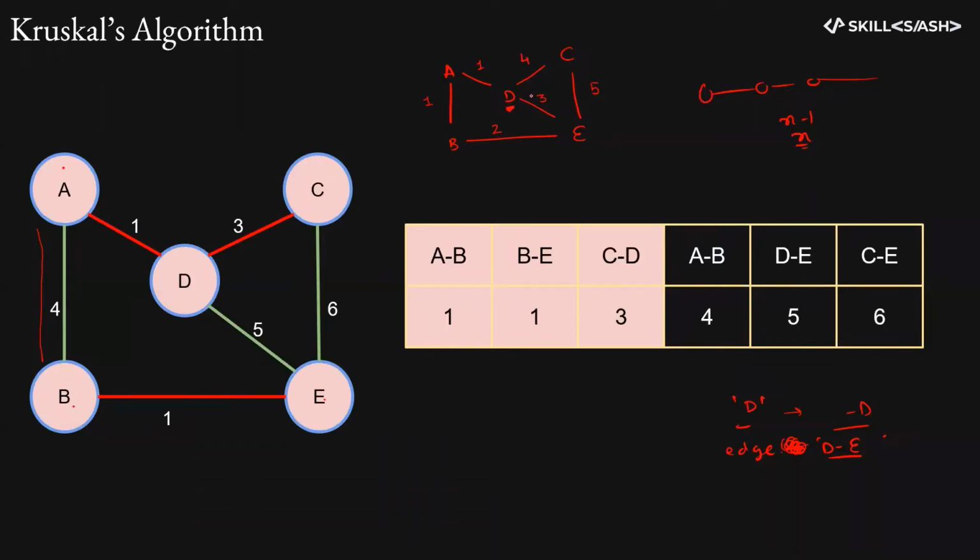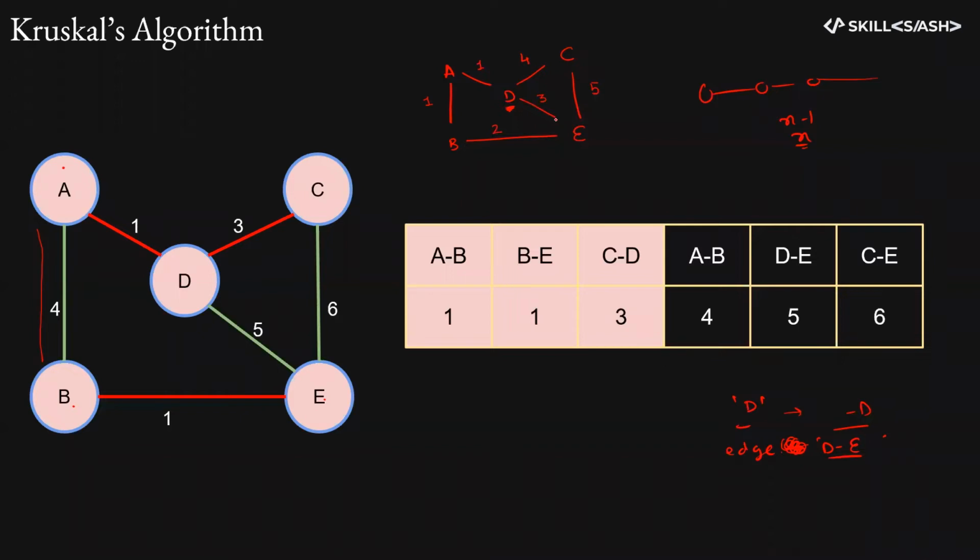So far, the parent of D is A, B, and E, and C as well. Now, if I add E as well, the parent of E will be D, A, B, and E.